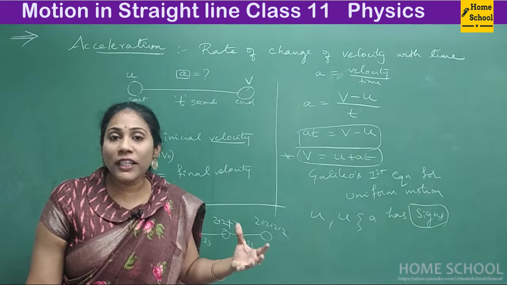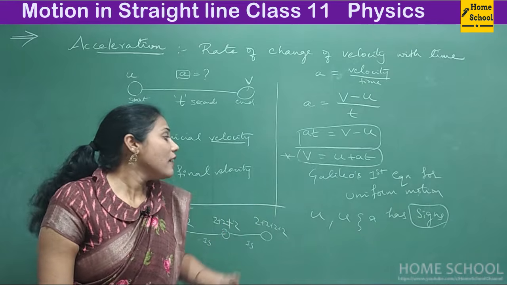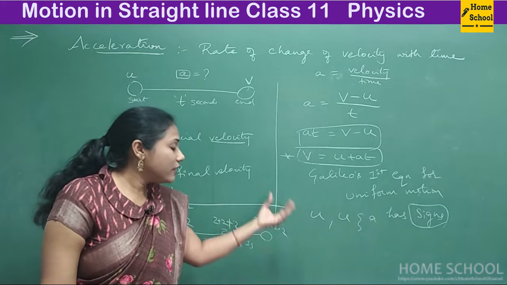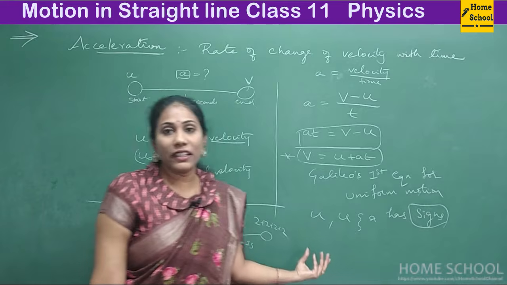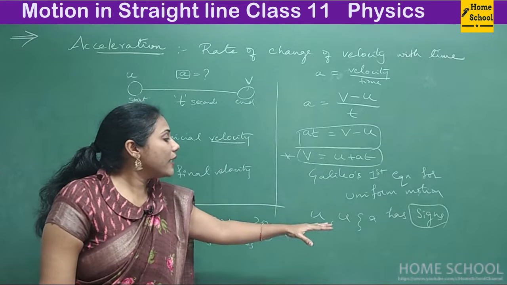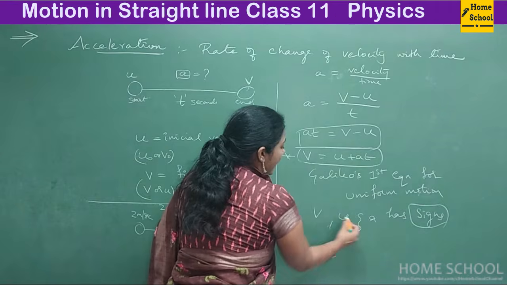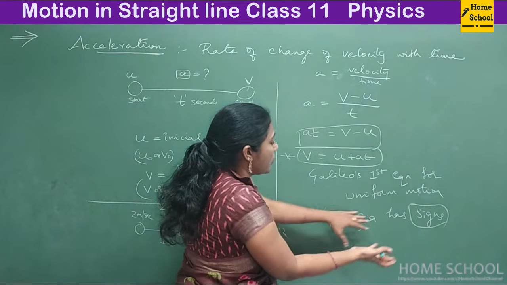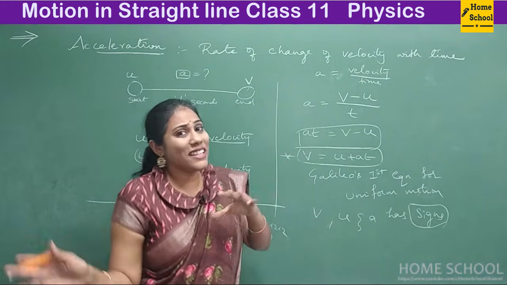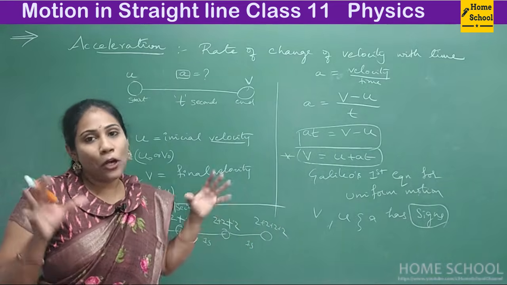So you have to definitely consider signs when you take these things for the calculation. So let's talk about the signs of these factors, that is final velocity, initial velocity and acceleration. Then let's quickly go for some problems.